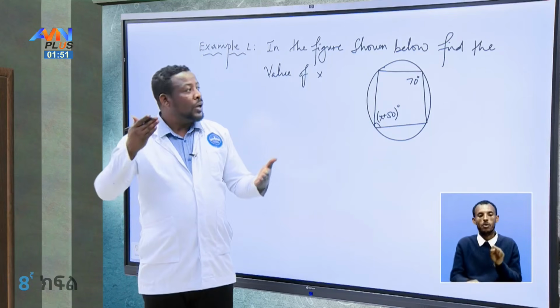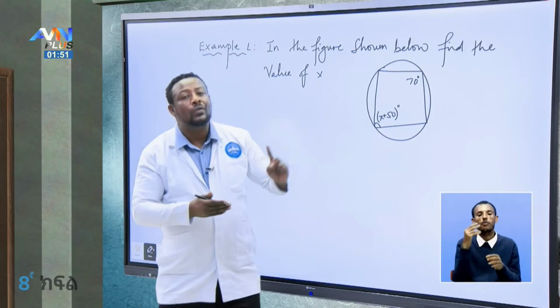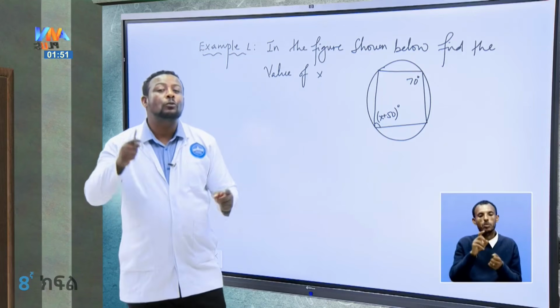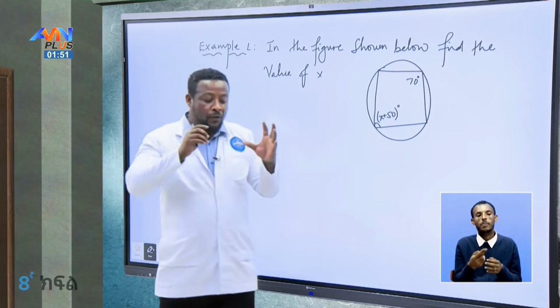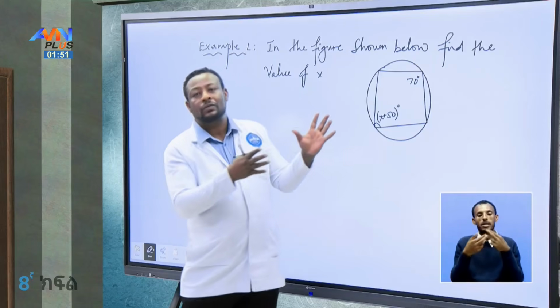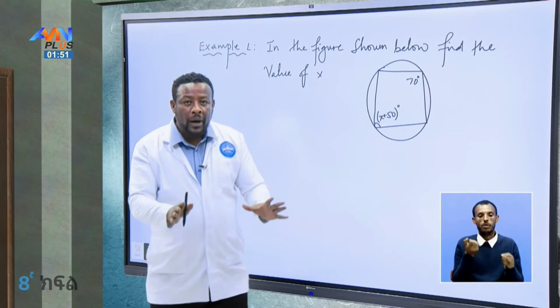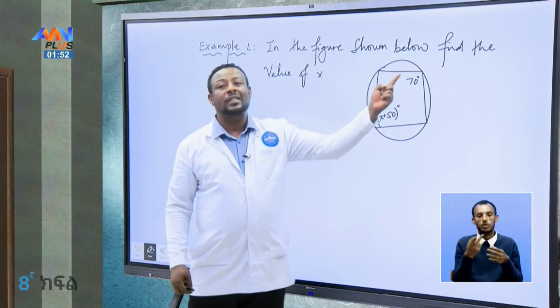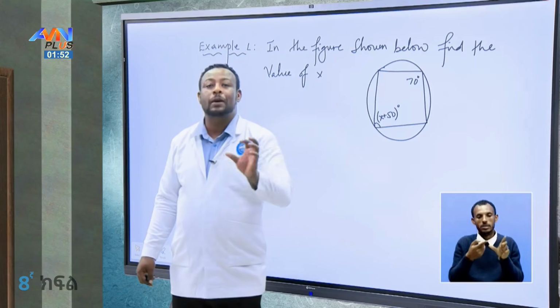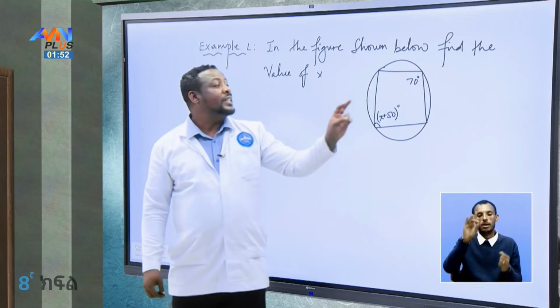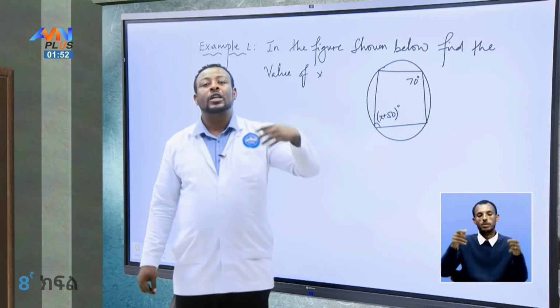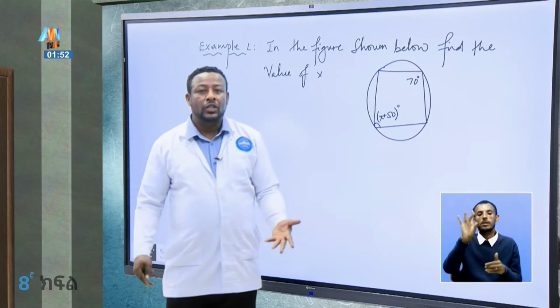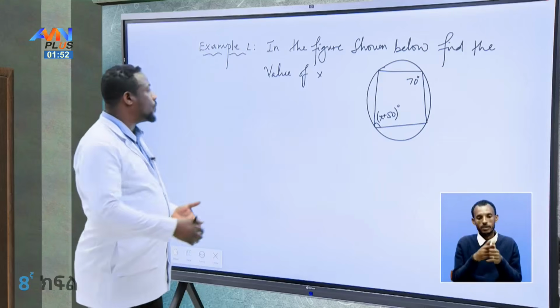To find x, you need to properly apply the relationship that we have seen before. Always in a cyclic quadrilateral, the pairs of opposite angles form supplementary angles, or the sum of the opposite pair should be 180 degrees. So that is the first step that you need to follow.